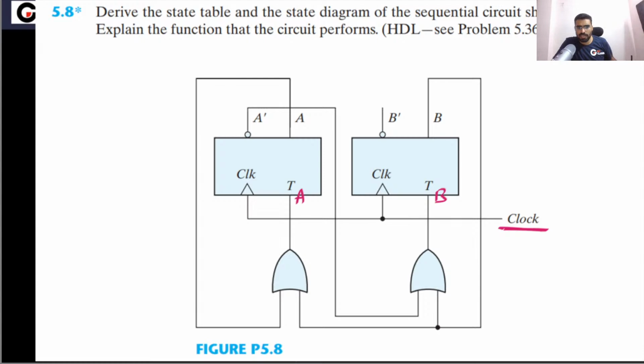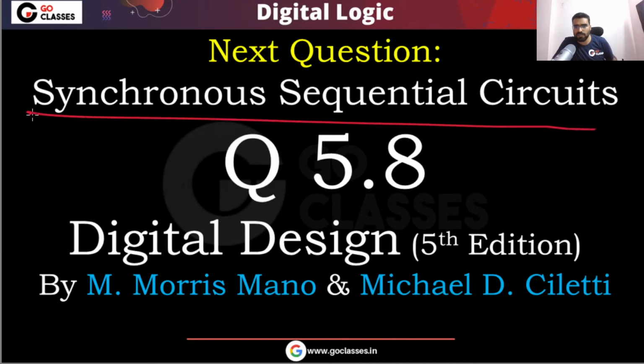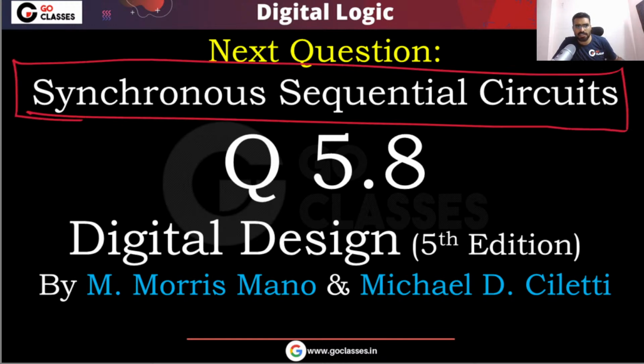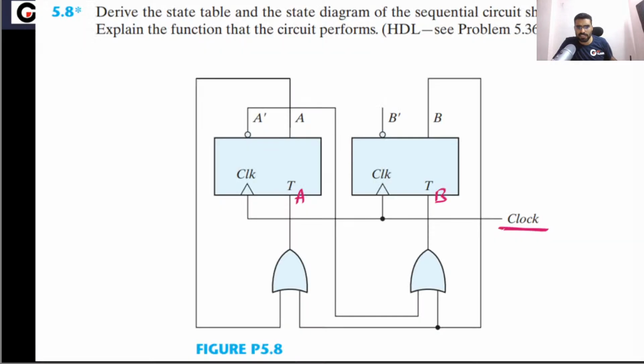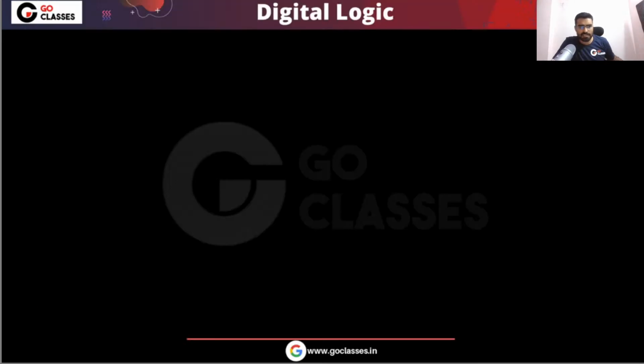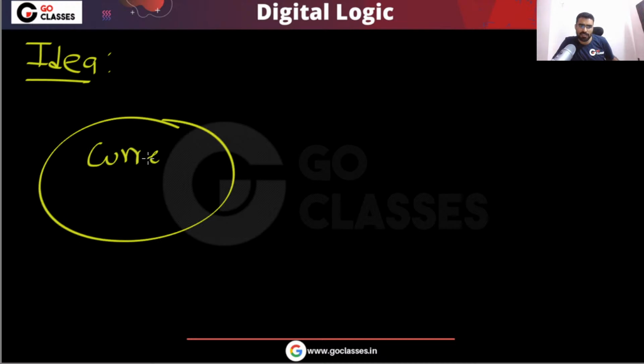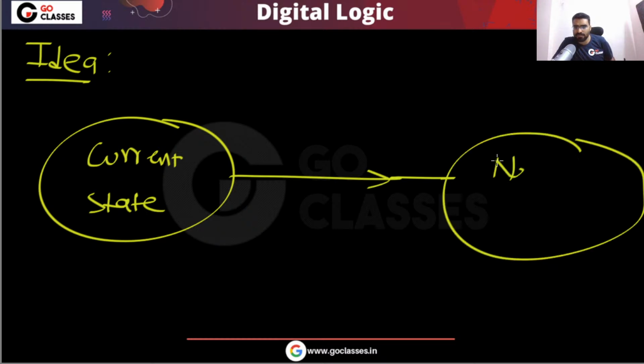Now let's see how to do the analysis of a synchronous sequential circuit. This we have already seen. That is very easy. The idea is very simple: you have a state, this is your current state. From the current state, you try to find out what will be your next state.